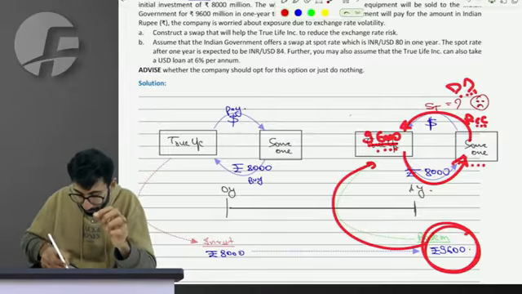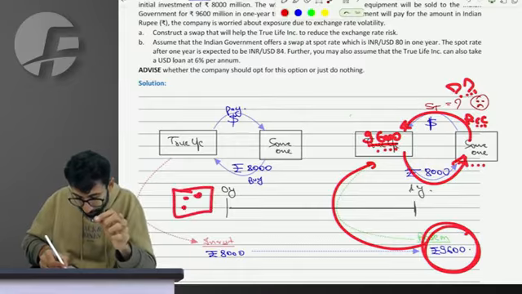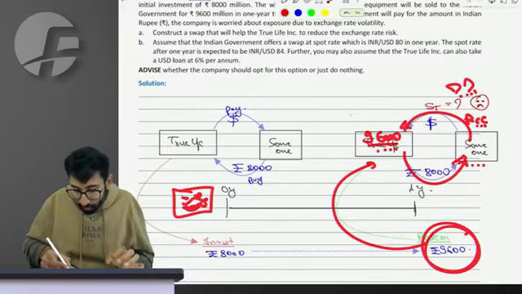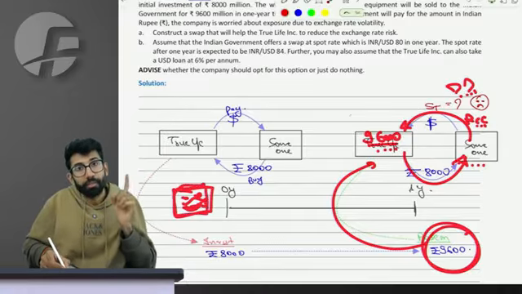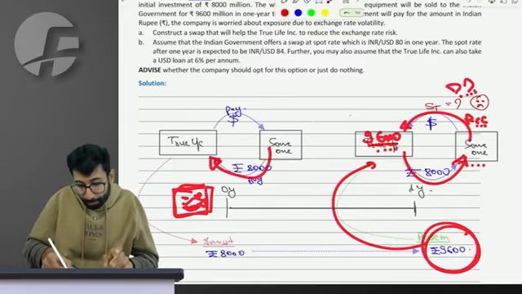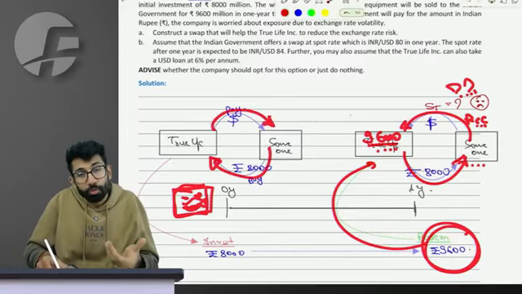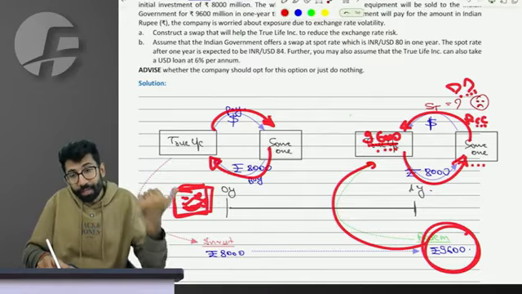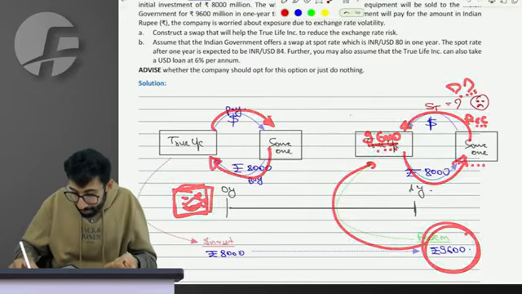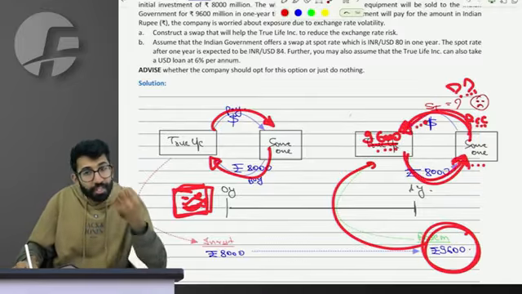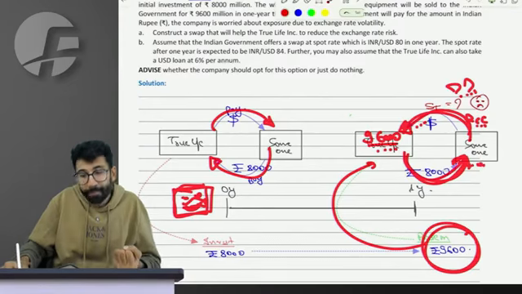So today at 0 point, let's enter into a swap contract with the other party. The swap contract is like, today I am buying rupee and paying you dollar. Later, at a rate that we agree upon today, I will sell rupee back and receive my dollars.